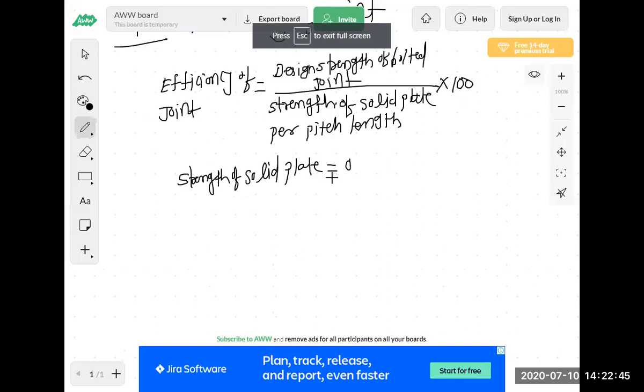Now, how to calculate strength of solid plate? The efficiency of joint is the design strength of the bolted joint divided by strength of the solid plate per pitch length, into 100.